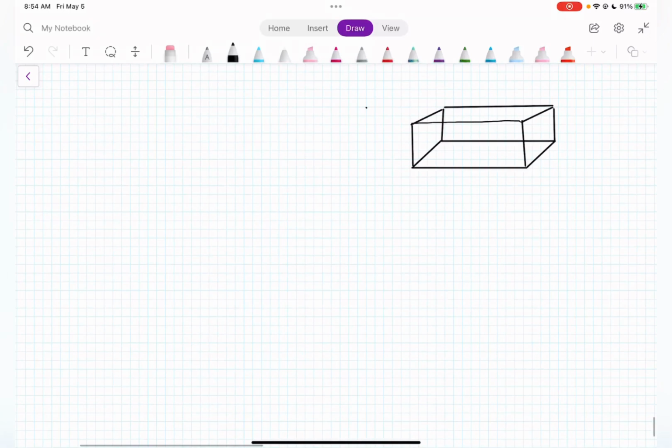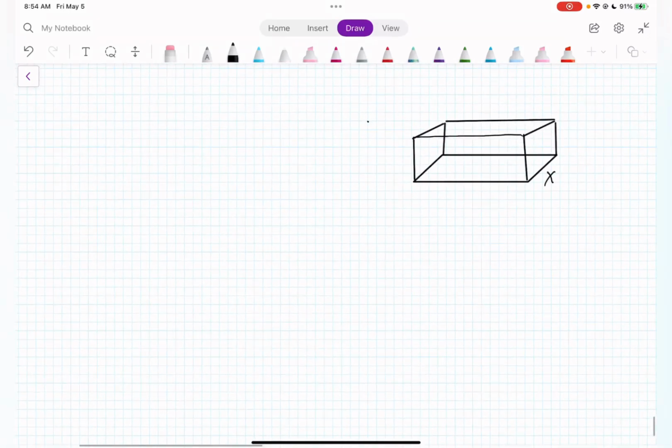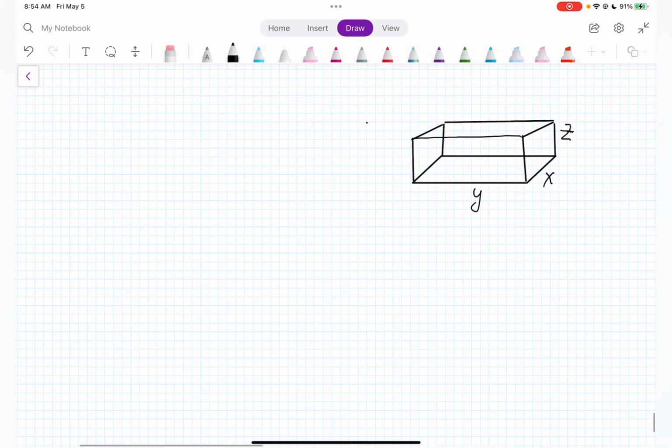So what do we have here? This width is X. This one is Y. And this is Z. I'm taking this from the picture of the word problem. So we have that length is twice as long as width, so Y is equal to 2X.